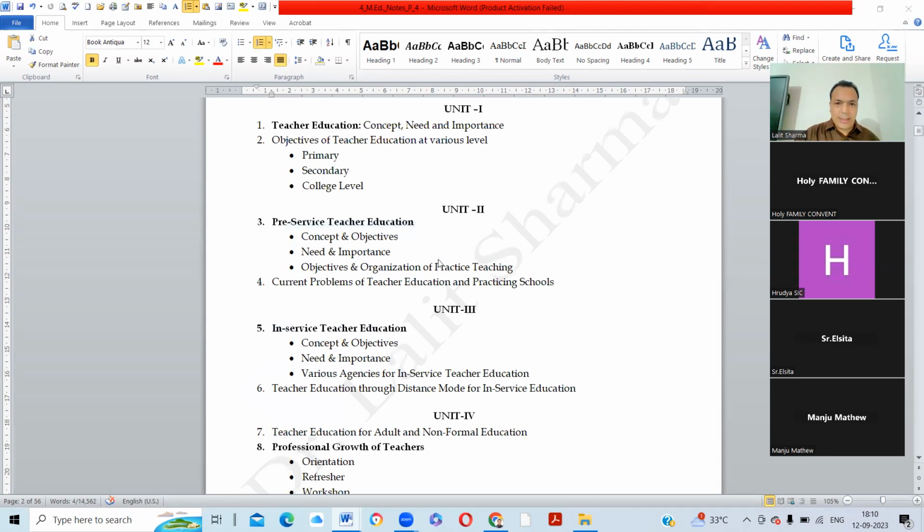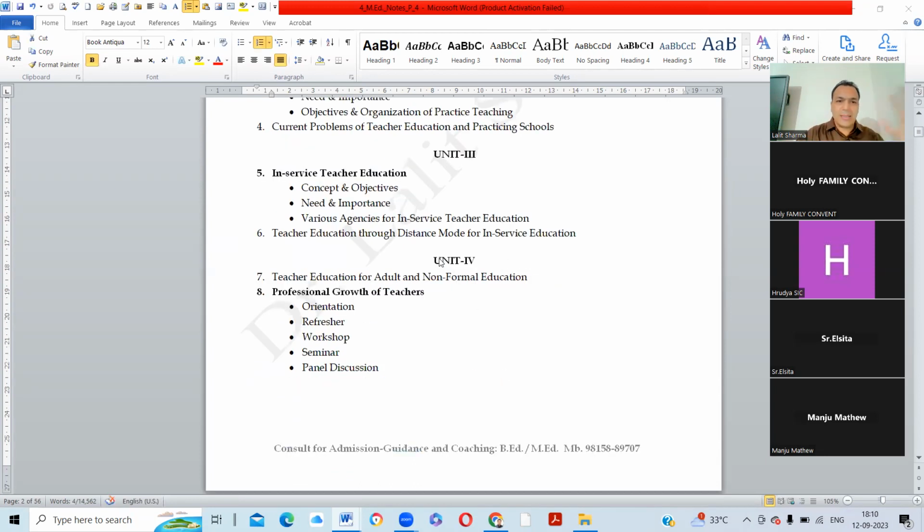Under in-service teacher education, the very same things: concept and objective, need and importance, various agencies of in-service teacher education. Then teacher education through distance mode for in-service education.